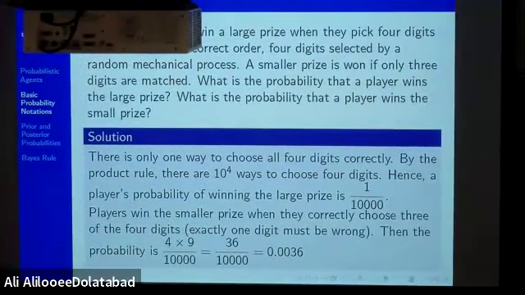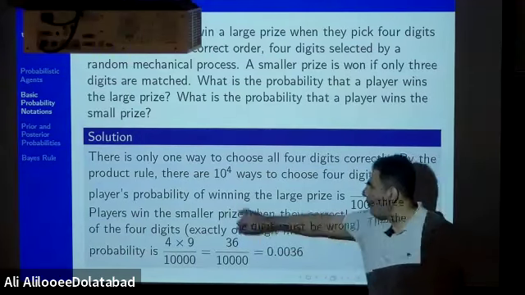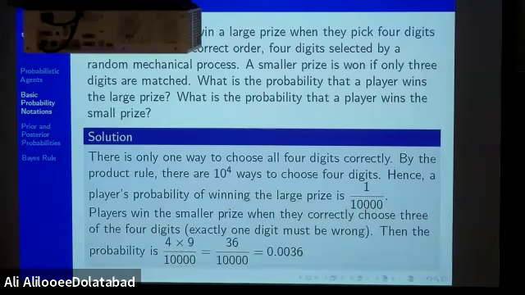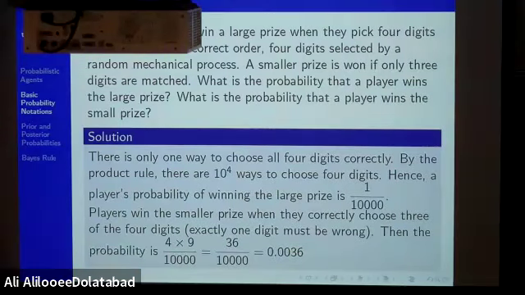So in the solutions that we have here, we now know that we get this 10 to the power of 4 ways.